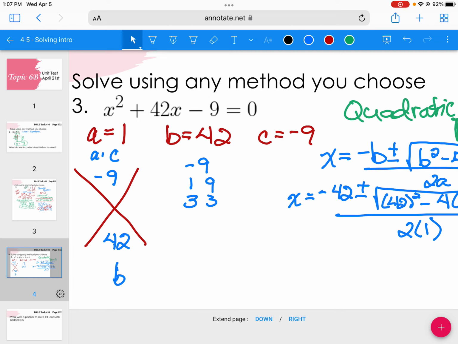On your calculator, you are going to take -42, and we can't do plus or minus at the same time. So I'm going to start with plus. Square root is second x squared.